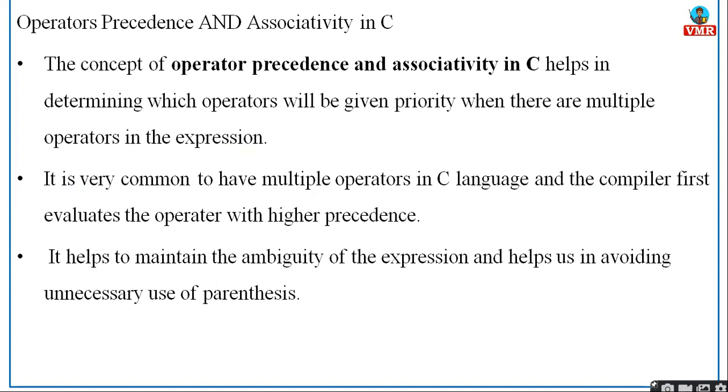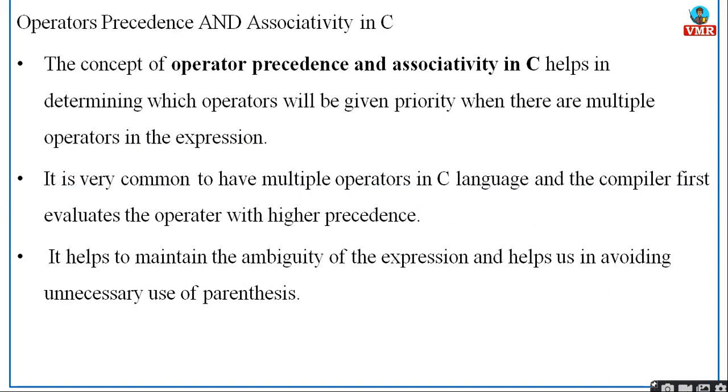The concept of operator precedence and associativity in C helps in determining which operator will be given priority when there are multiple operators in the expression. It is very common to have multiple operators in C language, and the compiler first evaluates the operator with the higher precedence. It helps to remove ambiguity in expressions and avoid unnecessary use of parentheses.